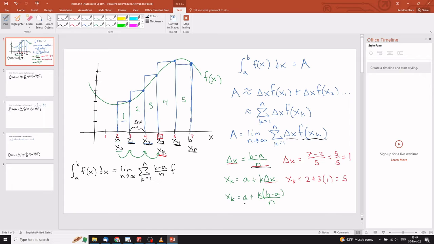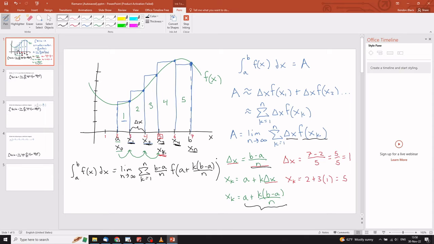But we're going to use this expression for our x sub k. So it's going to be f of that whole expression, f of a plus k times (b minus a) over n.